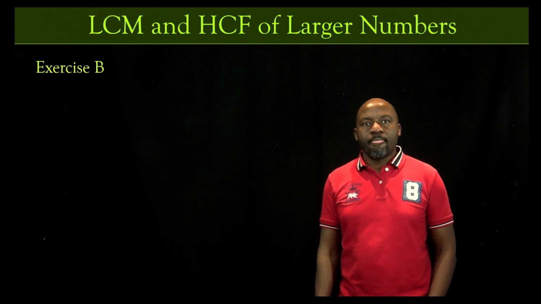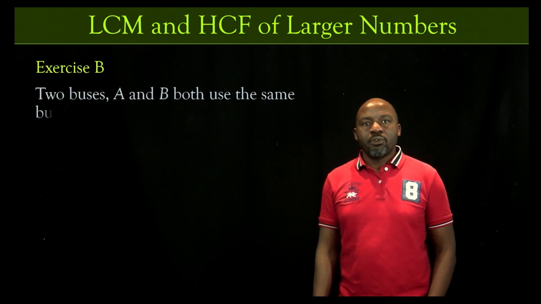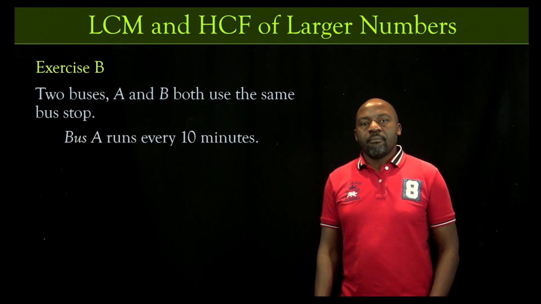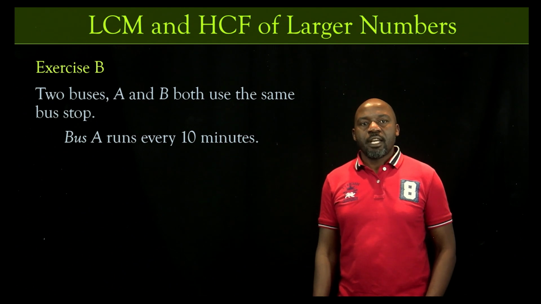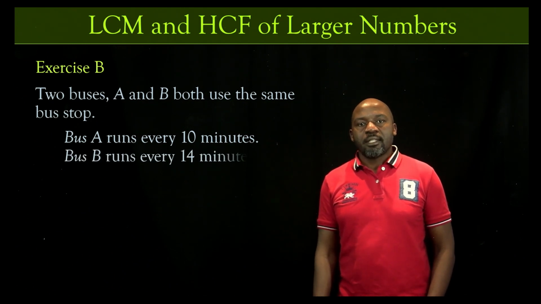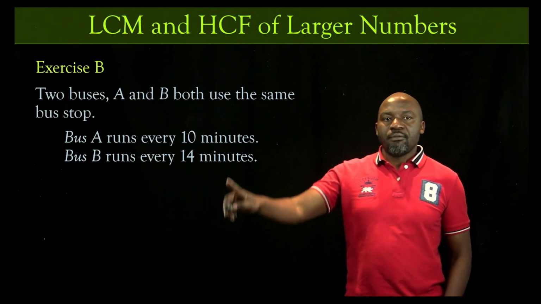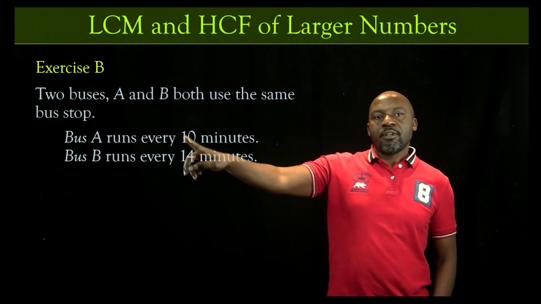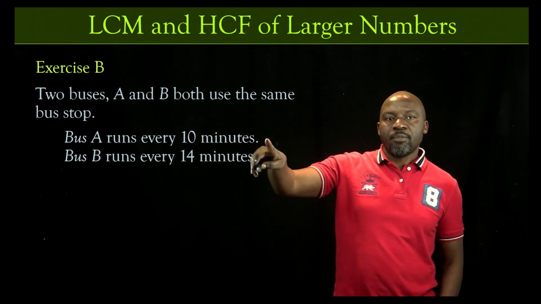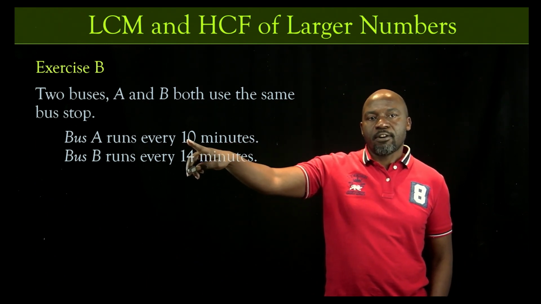Exercise B. Two buses A and B both use the same bus stop. Bus A runs every 10 minutes and bus B runs every 14 minutes. So if it runs every 10 minutes, the next time it runs will be 20 minutes, then 30 minutes, multiples of 10, right?